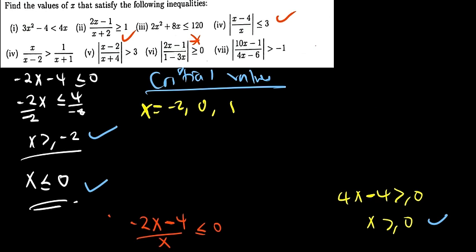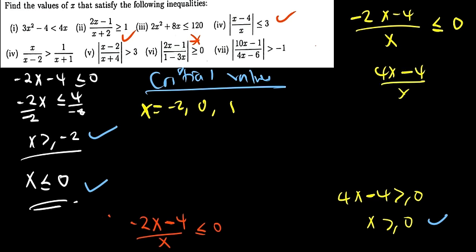For us to find these answers, remember, on top we had the negative 2x minus 4 divided by x, then we had the less than or equal to 0. Then the other one we had 4x minus 4 divided by x greater than or equal to 0. Let's not forget that.